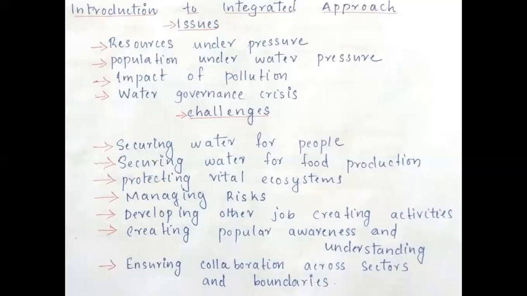That 0.01% of fresh water should be available for all, for domestic purpose, irrigation purpose, and many more. So securing water for the people is one challenge, and securing water for food production. To survive we need food, and water is required to produce this food.